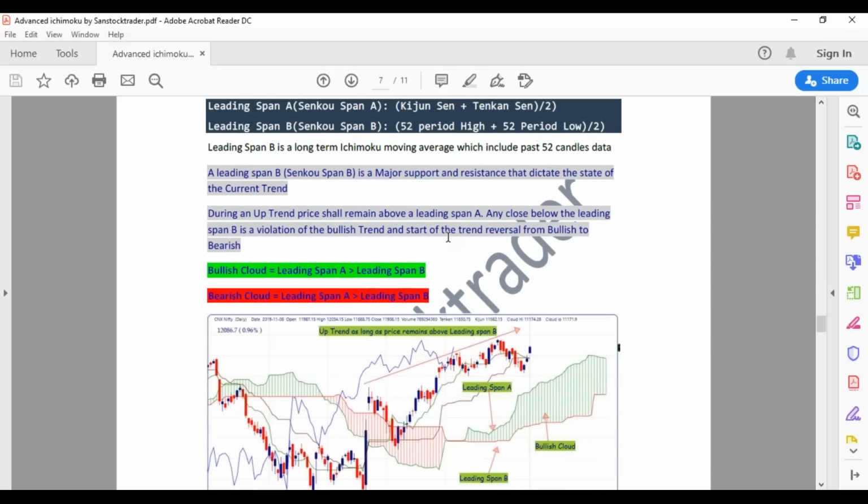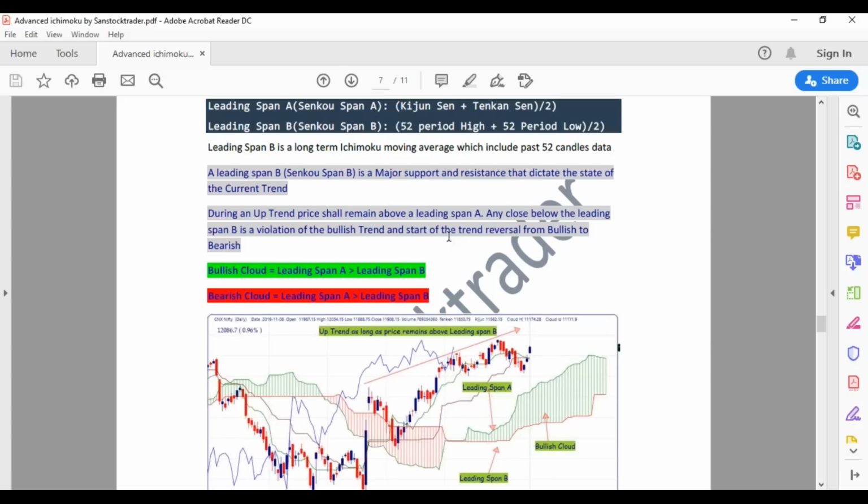Now, why is this cloud the heart? Because as I said, in all the strategies, the cloud is the one which finally dictates the trend. As I explained, if price is above the cloud, it is bullish. If price is below the cloud, it is bearish. As simple as that. Now the cloud is also categorized into two parts, bullish cloud and bearish cloud.